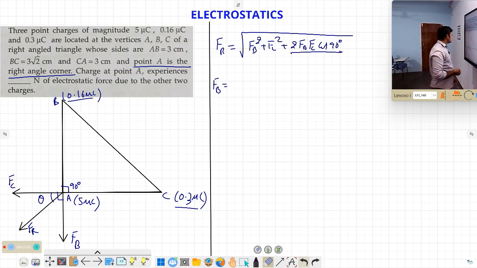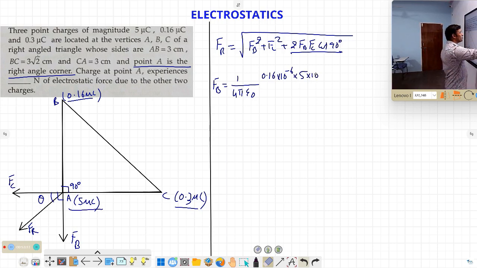Calculate here, the force on A due to B. The formula is 1 by 4 pi epsilon naught Q1 Q2 by the square of the distance. Q1 is the B charge, 0.16 into 10 power minus 6, and the second charge is the A charge, 5 into 10 power minus 6 coulomb. The distance between A and B is given very clearly in the diagram as 3 centimeters, which means 3 into 10 power minus 2 whole square meters.